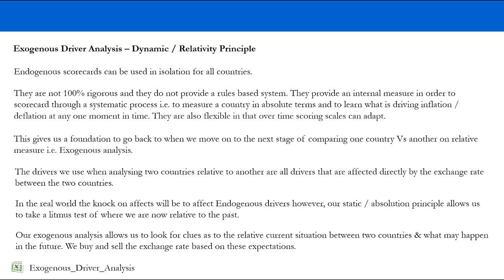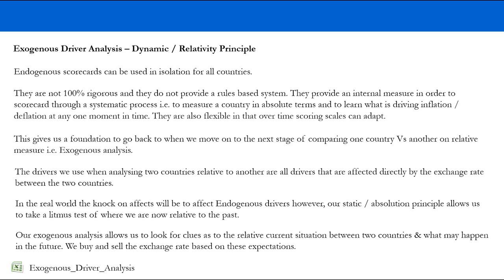What they do is provide an internal measure, through a systematic process, so we can measure the country in absolute terms objectively and learn what is driving inflation and deflation at any one time. And as we learned earlier, they're also flexible in that over time the inputs can be added to and the scoring scales themselves can be adapted.